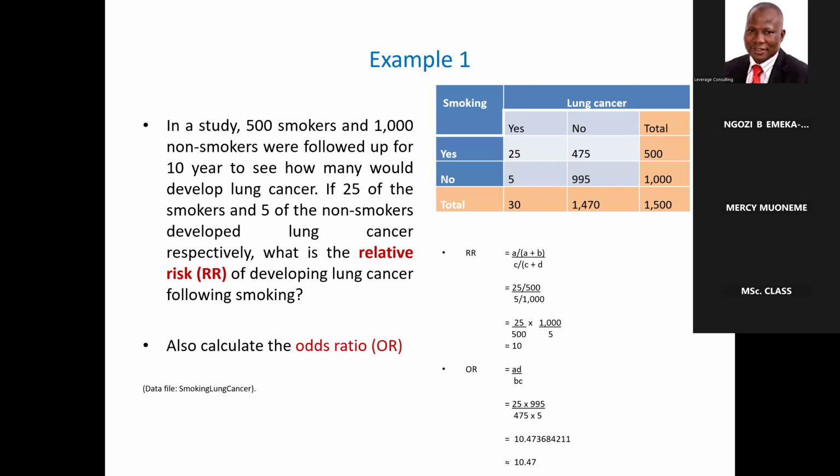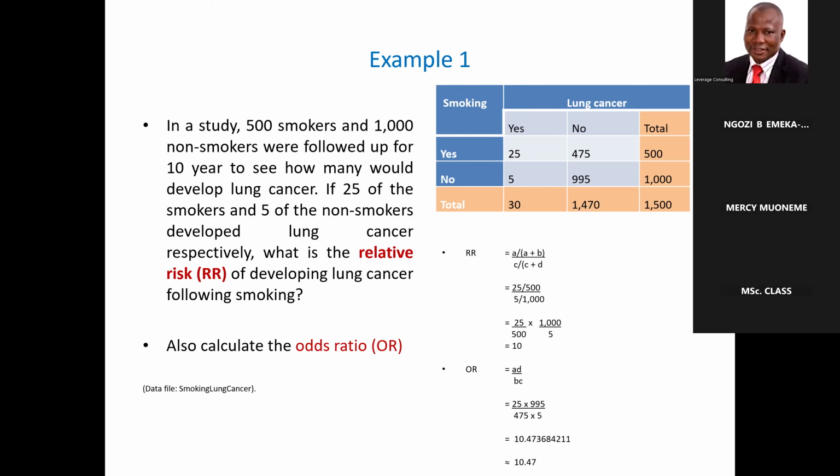That's why the formula says relative risk is A over A plus B, everything over C plus D. So A over A plus B, that is the risk, 25 over 500, the risk among smokers, the risk among the exposed. Then 5 over 995, which is C over C plus D, is the risk of lung cancer among the people that are not exposed.